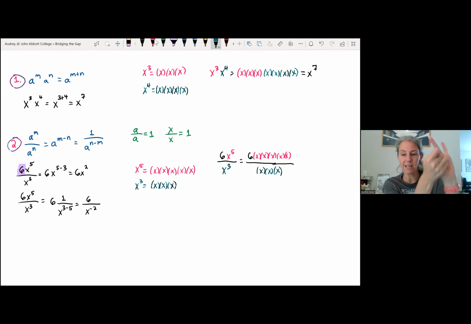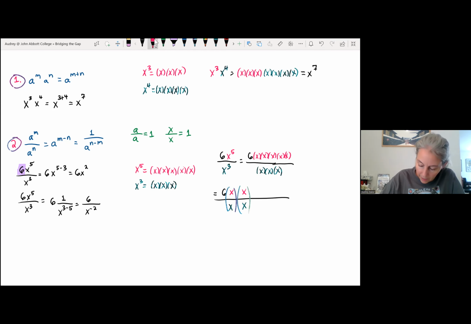But what we mean by taking away is that x over x is equal to 1. So here we could even separate this to be 6, then we have x. That first x is being divided by the first x on the bottom. So we can separate it like that. And then my second x is being divided by the second x on the bottom.